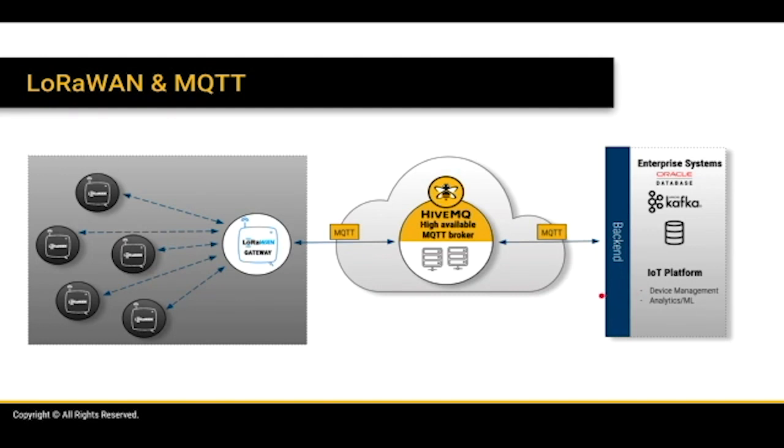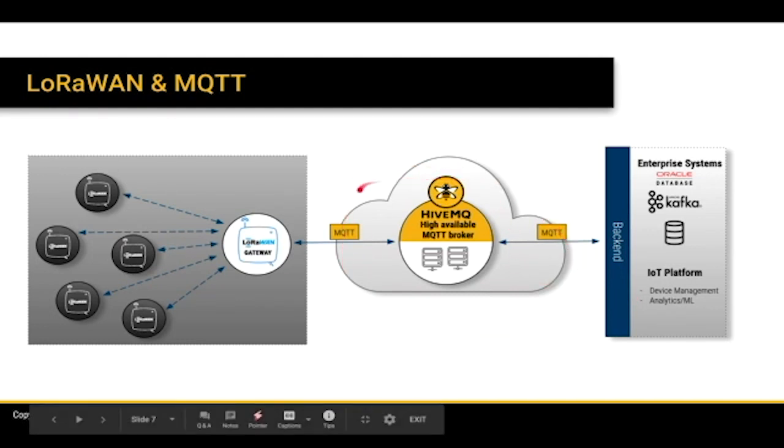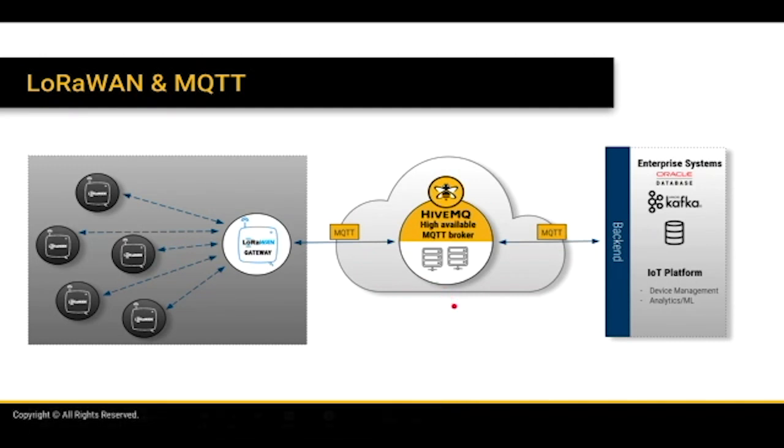And in your backend, you can have, for example, databases or processing technologies like Kafka that might be combined into a machine learning pipeline. All kinds of fun and powerful stuff. And MQTT with the broker in the middle is the perfect technology to connect your devices with your backend.